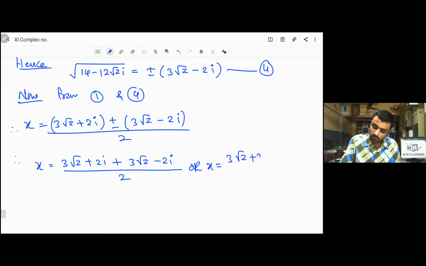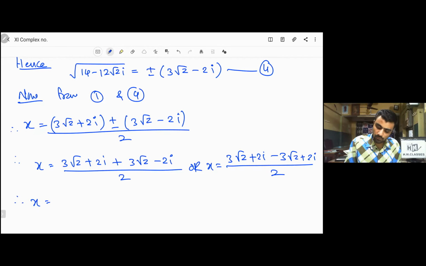3√2 plus 2i. Now when we open the minus bracket, the sign inside will change: 3√2 plus 2i whole upon 2. So x is equals to 3√2 plus 3√2, 6√2, and this plus 2i minus 2i is going to be cancelled, upon 2, or x is equals to 3√2. 3√2 minus 3√2 cancels, 2i plus 2i is going to be 4i upon 2.